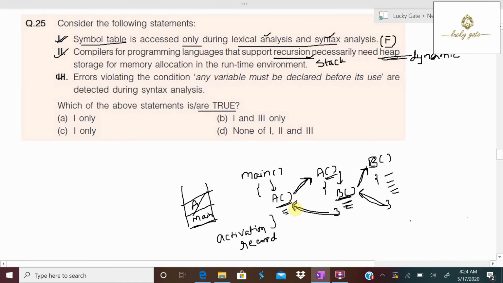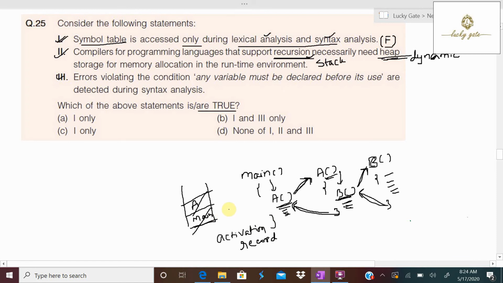On return, again it will pop main and restore whatever values are required for execution of the main function and continue. It means recursion does not necessarily need heap organization.